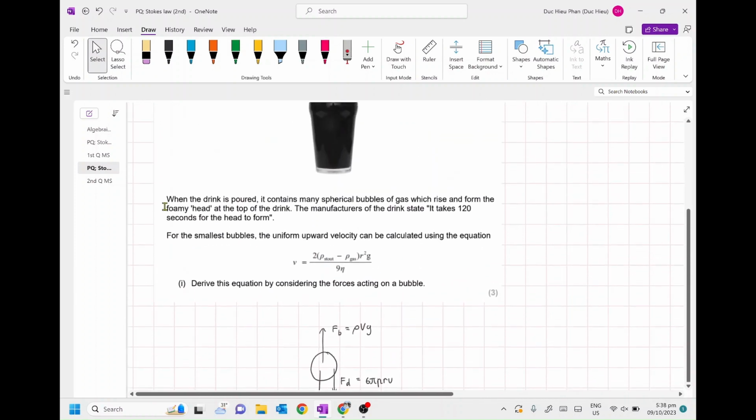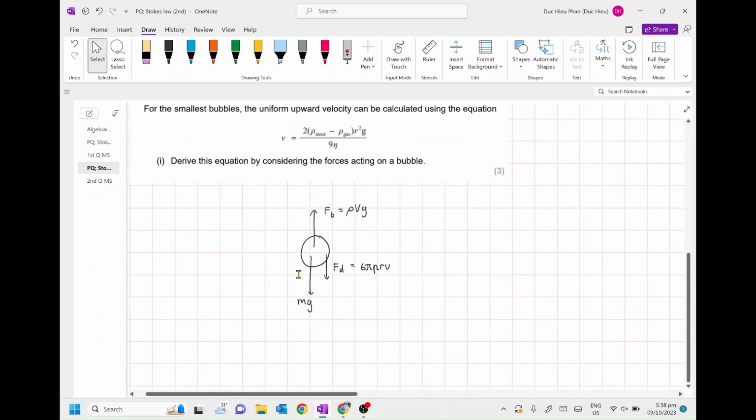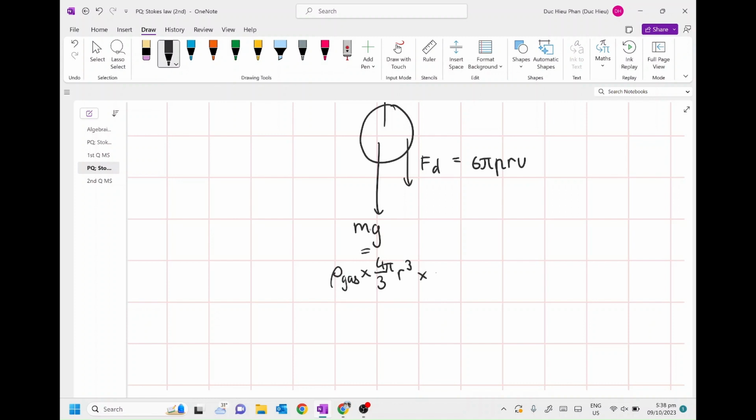So this time we want velocity on the other side. And we want to consider the difference. So if you see here, there is a difference between the density of the stout and the density of the gas. So we can tell straight away that we do not want to be using mass, but rather the density of the gas times the volume of the gas, which is 4 pi over 3 times r cubed, then times gravity.